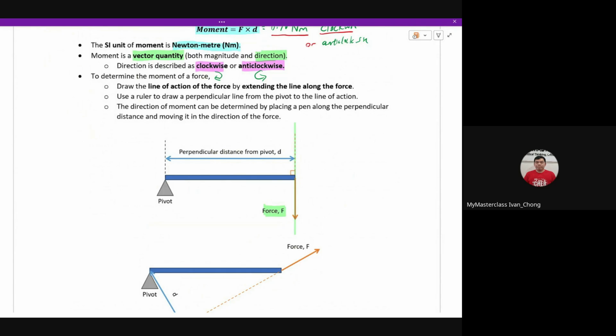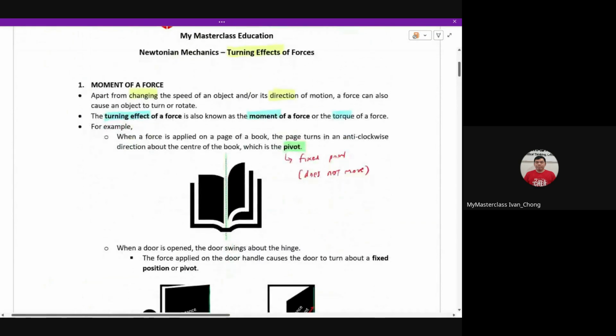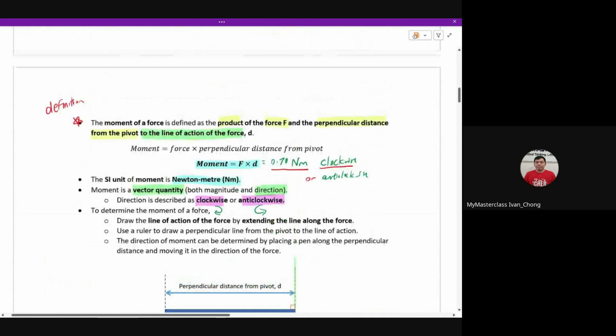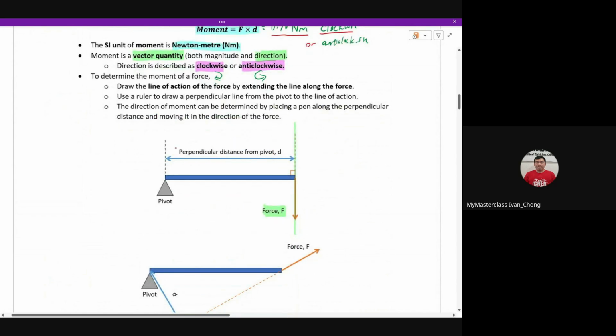So remember, I told you that the pivot was one of the most important things that you need to find, because it is the perpendicular distance from the pivot. So number one, I need to find the pivot. The pivot, we always use the tip of the triangle itself. So over here, the pivot is your starting point, all the way to the line of action over here.